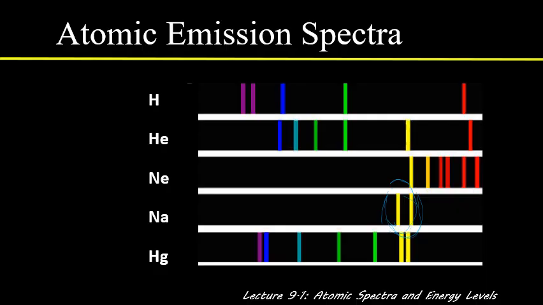Because each element has its own specific pattern, these line spectra are sometimes referred to as atomic fingerprints.